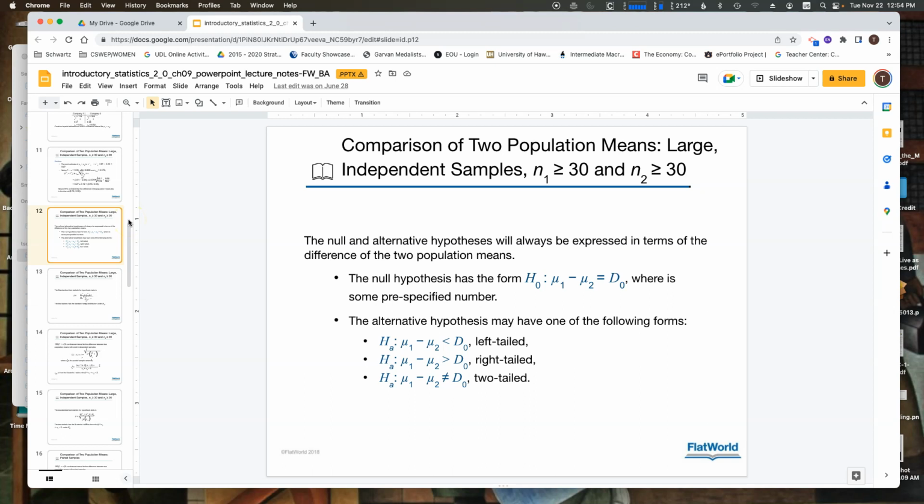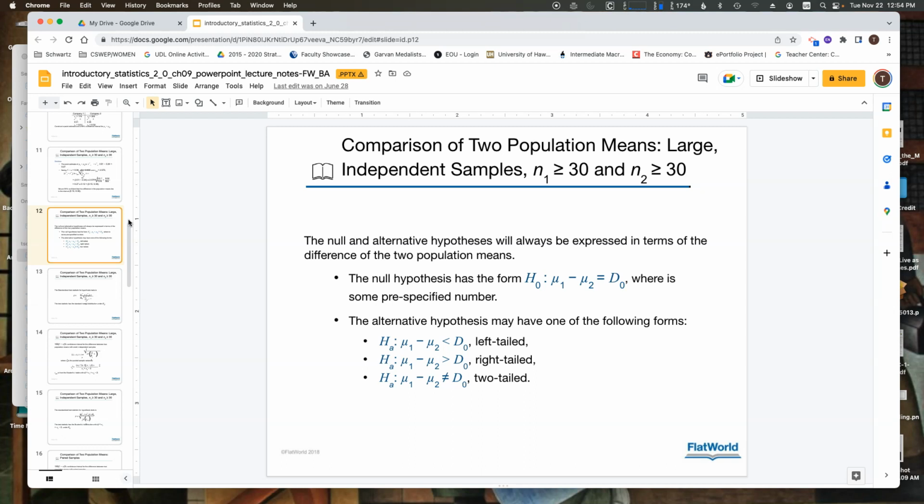Now, once we can do that kind of work, what you're probably going to want to do is calculate these numbers with hypotheses stated. We would have a null and an alternative hypothesis. These hypotheses are going to be expressed as the difference in the means.